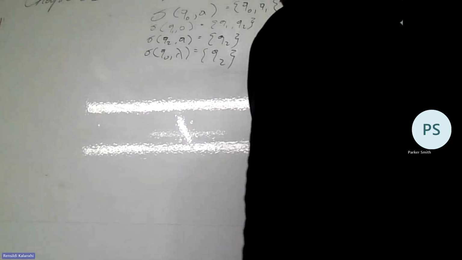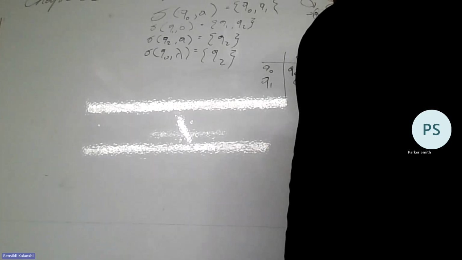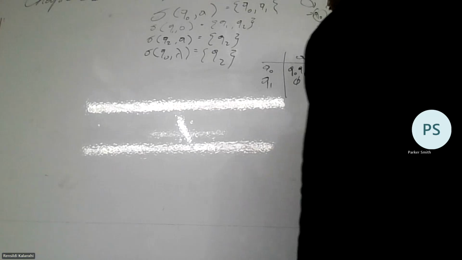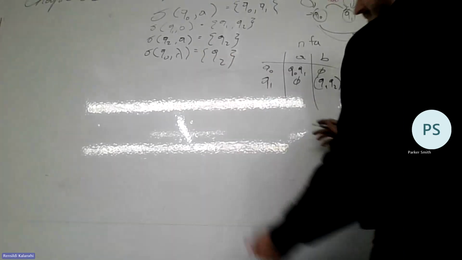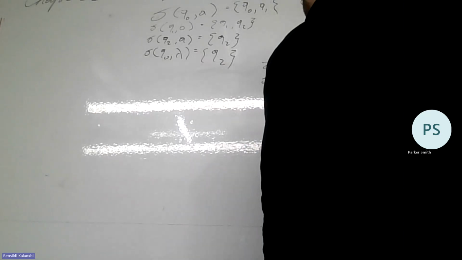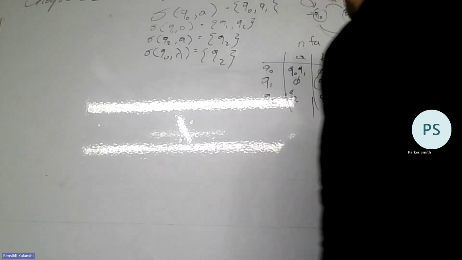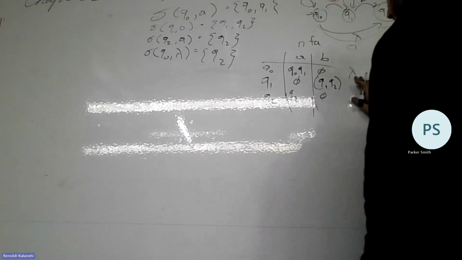Then you have Q1, where we have nothing here, but we have Q1, Q2 at B. Okay, this is how it works. This is the NFA, I'm still making this one. Q2 goes to phi, and then Q0 has this lambda as well, which I'm including just for the sake of it.